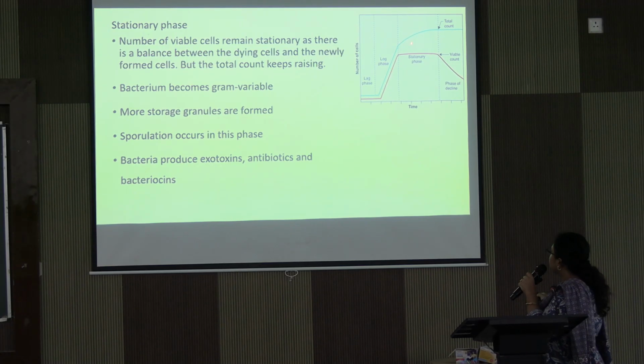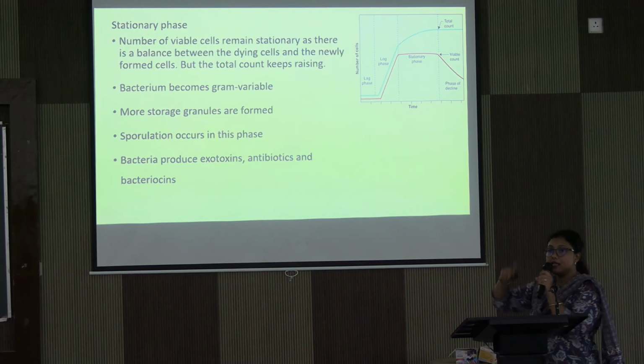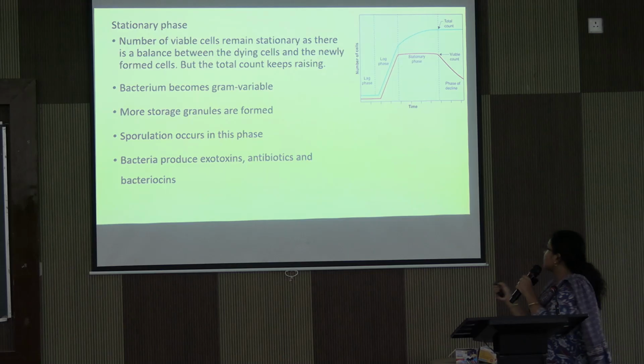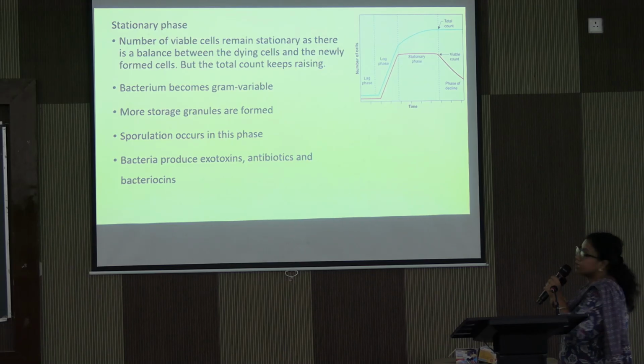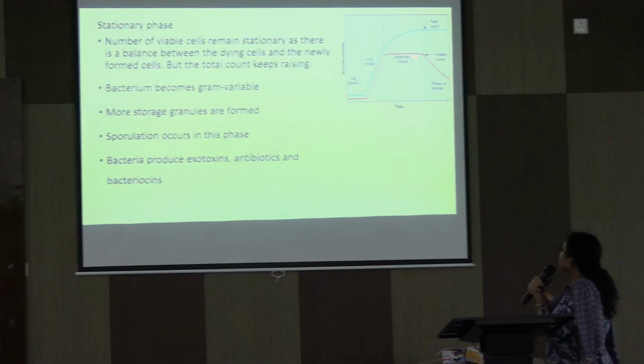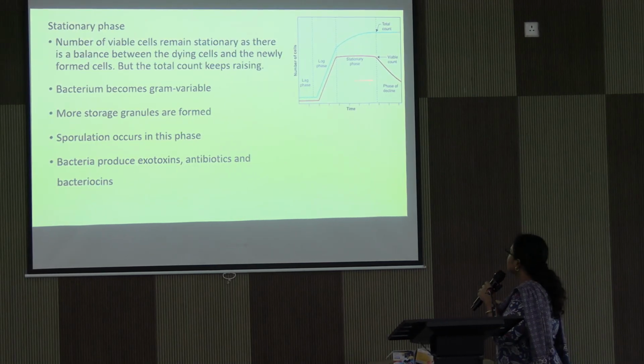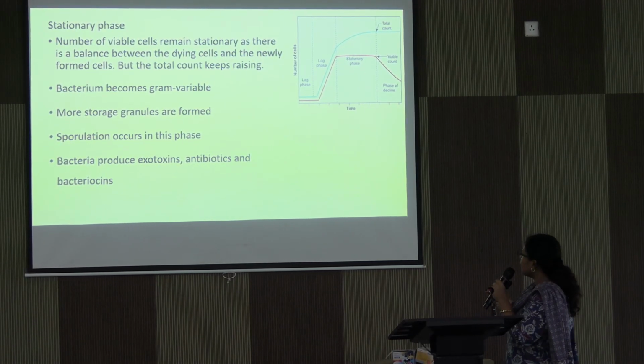Here the rate of dying and newly forming cells are equal. So the number of bacteria is stationary. There is a plateau phase or the stationary phase.